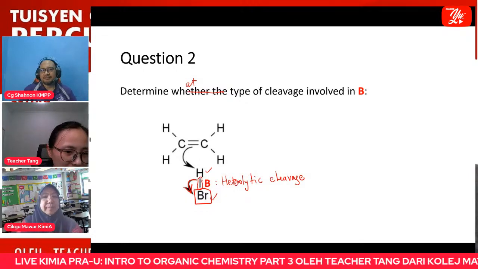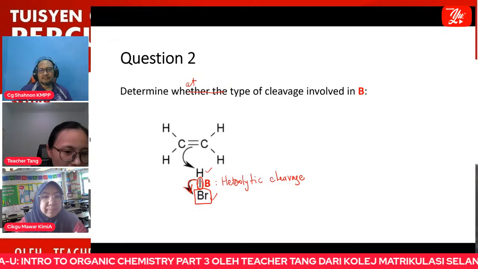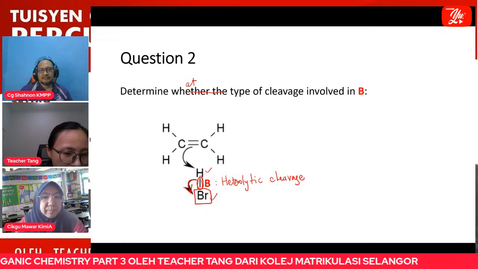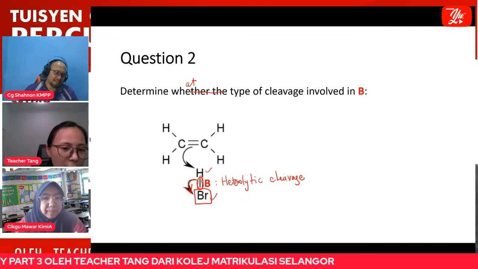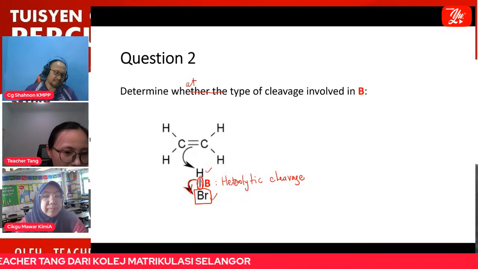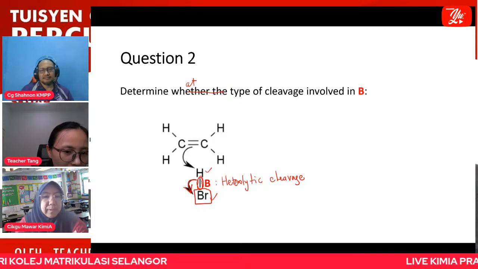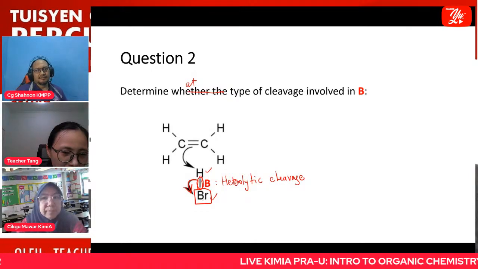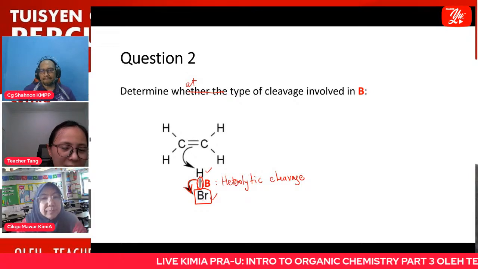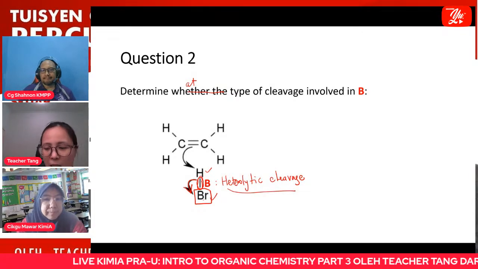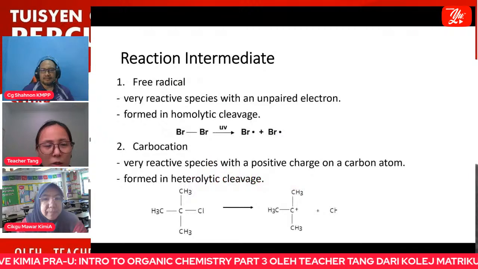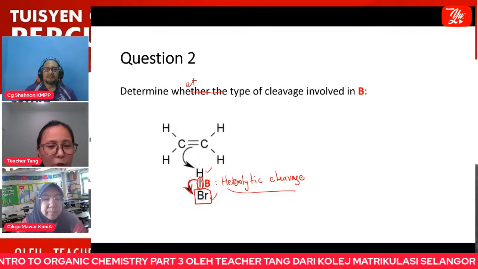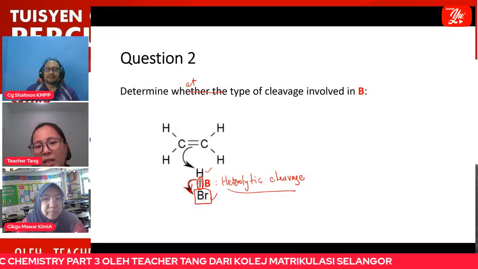So the shared electrons in this covalent bond are more towards bromine. When the bond breaks, both electrons are more likely to go to bromine, so the bond will break heterolytically, and we are expecting the products to be a cation and an anion.